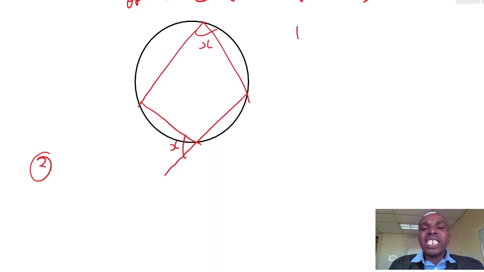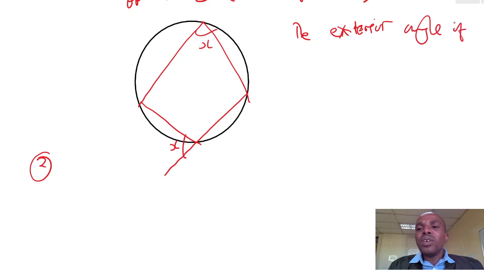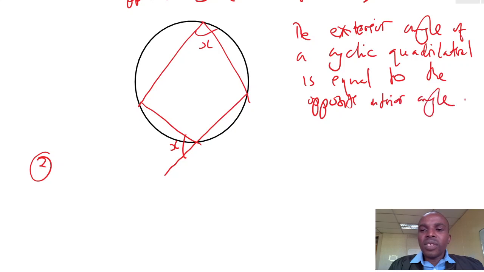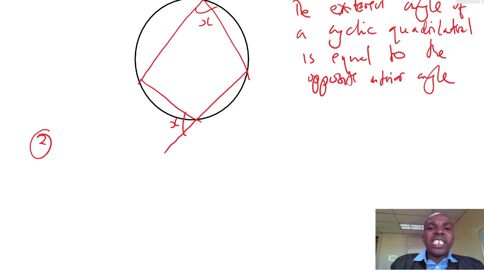So theory number two says the exterior angle, that is the outside angle, of a cyclic quadrilateral is equal to the opposite interior angle. So that's this law, right?